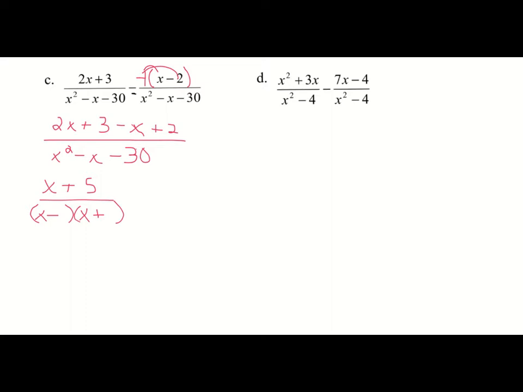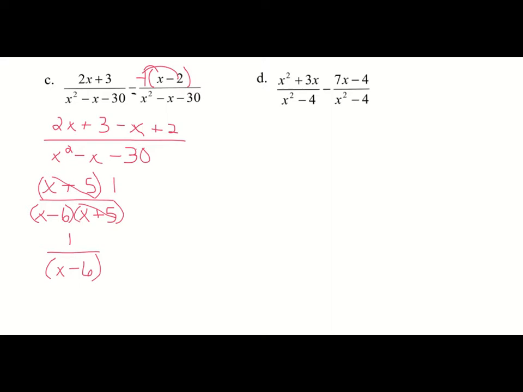I need a negative 6 and a positive 5, because that'll give me a negative 1. And this is very similar to what we just did when simplifying rational expressions. The x plus 5 expressions can both cancel. Remember that equals a 1, so I still have that 1 on the top. So my final answer here is 1 over x minus 6.